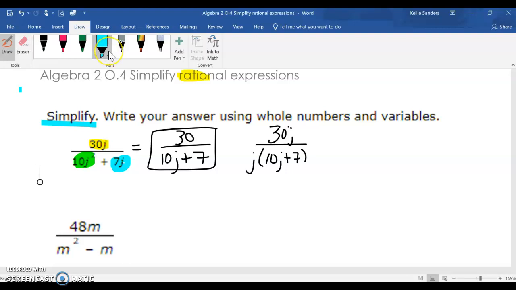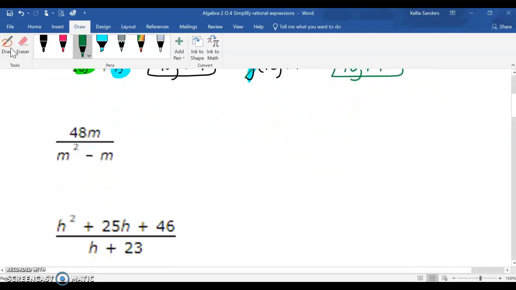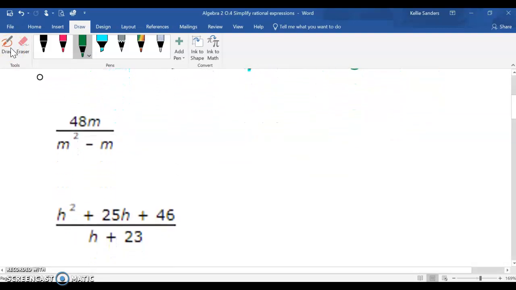And so then I look at what's on top and what's on the outside of the bottom, and the j's will cancel each other out. So we're left with 30 over 10j plus 7. So I got the same answer both ways. Now I'm going to try to do that on all of these that I can show you. If there's more than one way of doing it, I'm going to try to show you those ways.